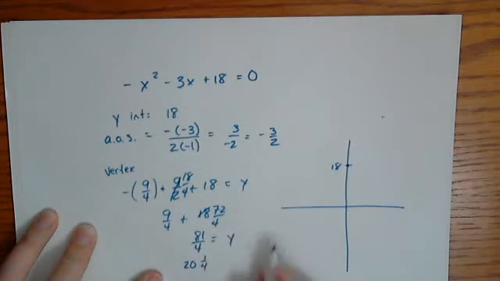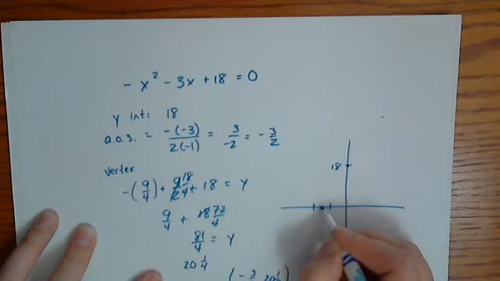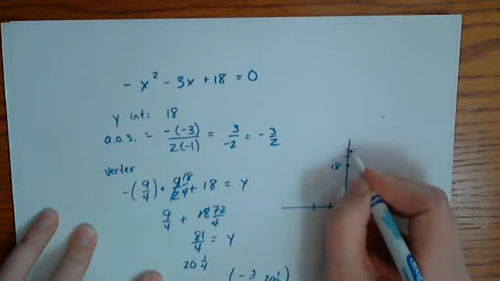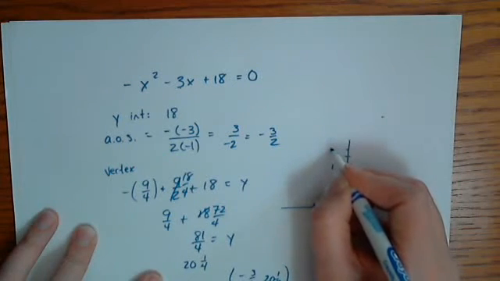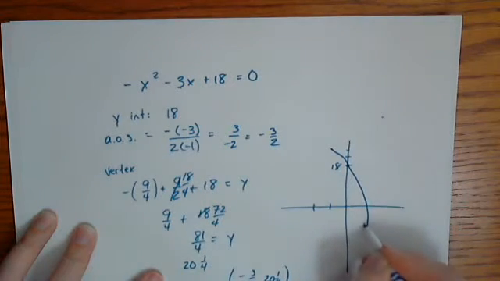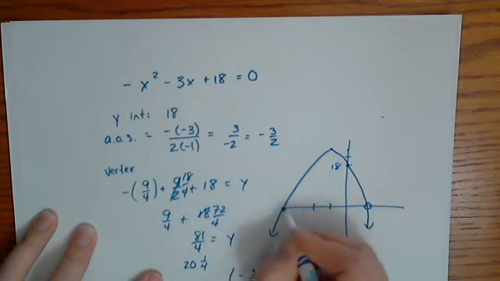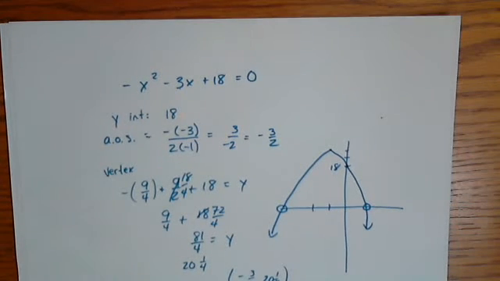Our vertex is going to be -3/2 and 20 and 1/4, or 81/4. Either way is correct. So -1, -2, so this is -1.5. Here is 20. And then it's going to go through both of these points, so it's going to go down. And you're going to have a number here and a number here, which are going to be your answers.